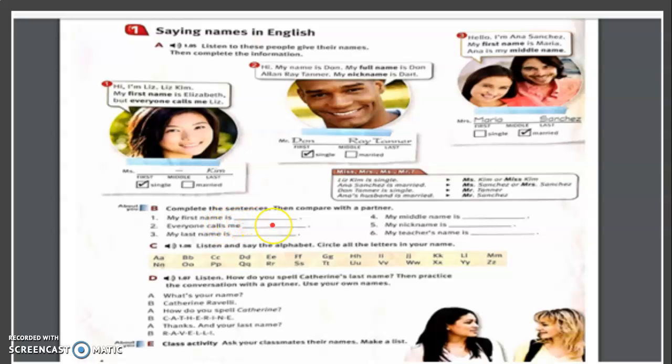My first name is, remember, if your first name is Ariel, you're going to write Ariel. But if your first name is Juana, you're going to write Juana. Remember, the question is for yourself. You need to complete this section according to the instructions. Okay, let's continue.